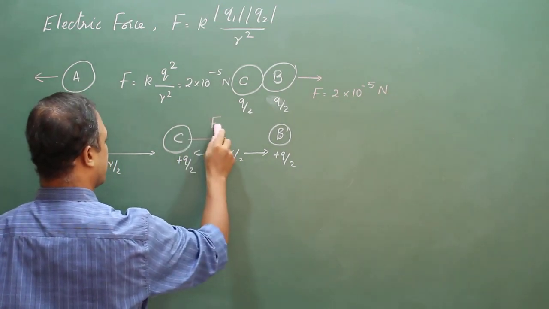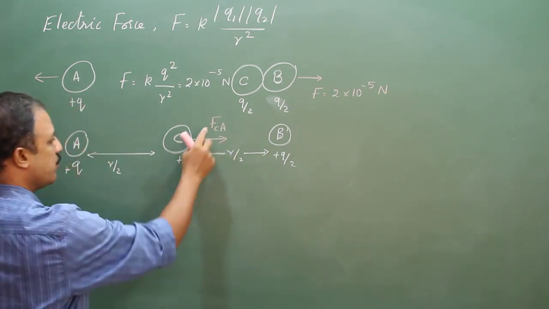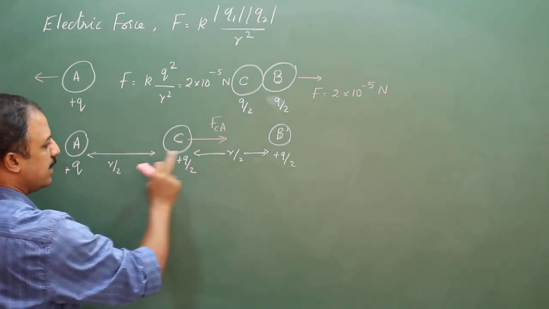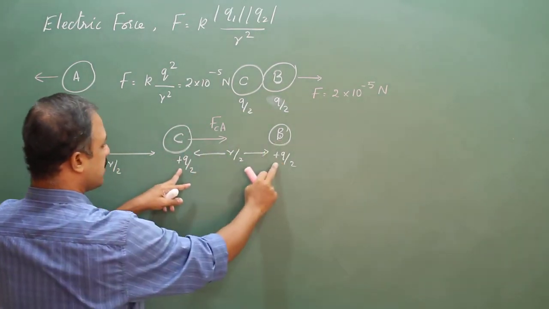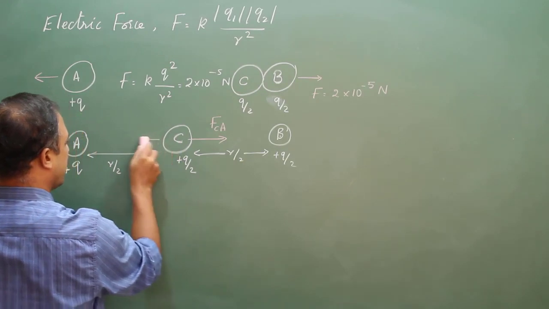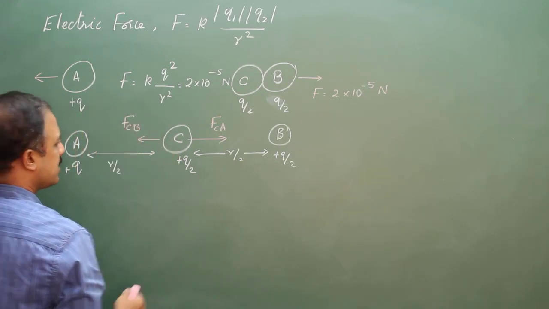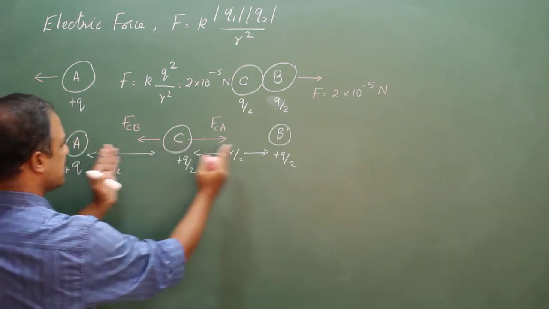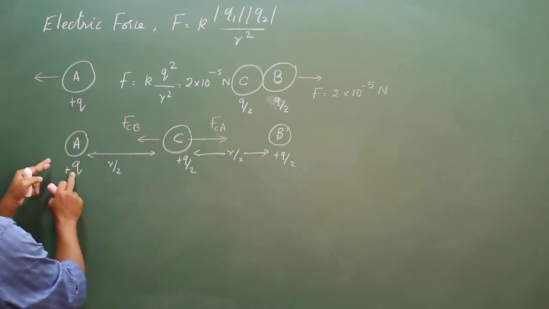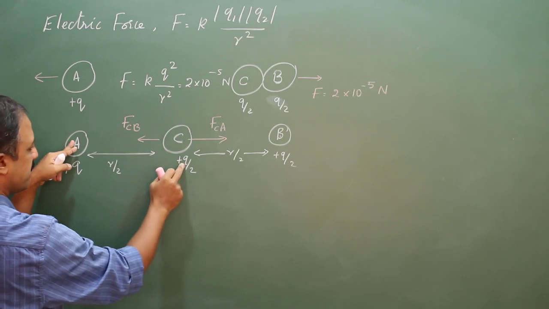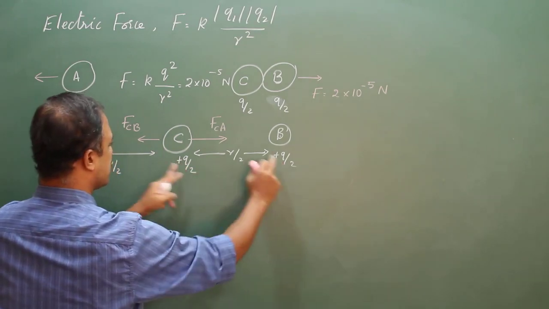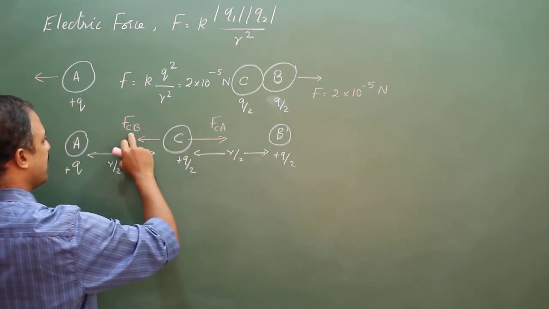That is FCA, the force acting on C applied by A. B is also exerting a repulsive force on C, in this direction. That is FCB. This distance is the same, and the magnitude of charge on A is greater than on B, so FCA has to be greater than FCB.